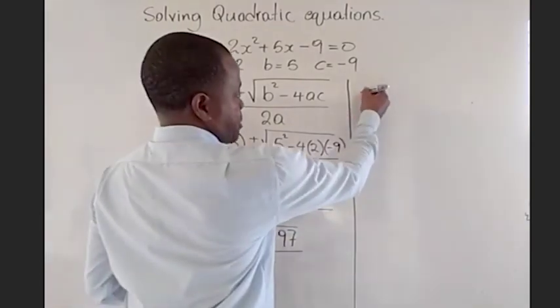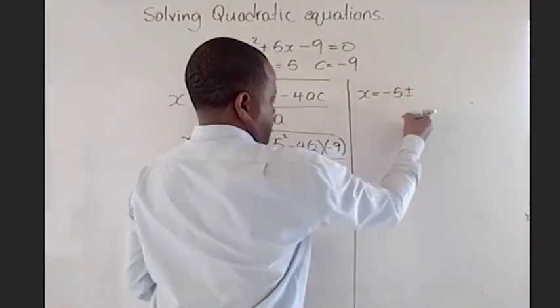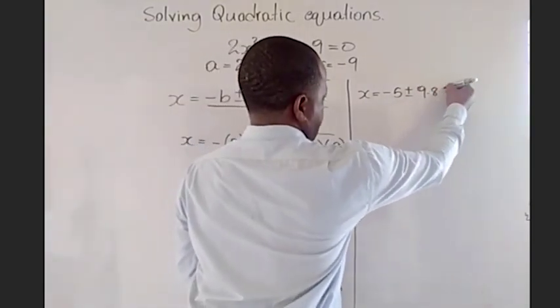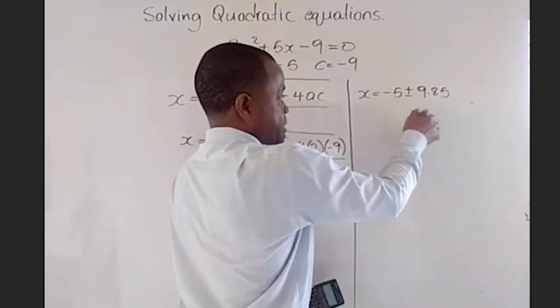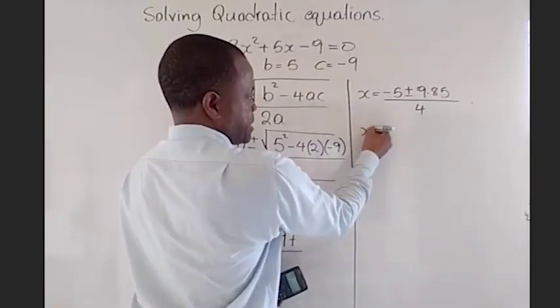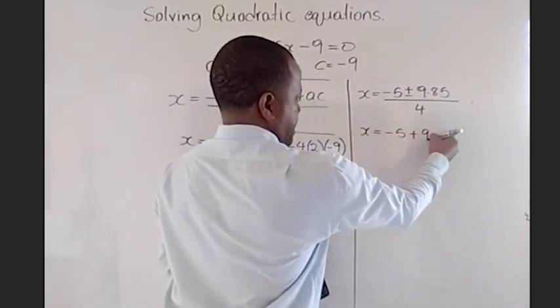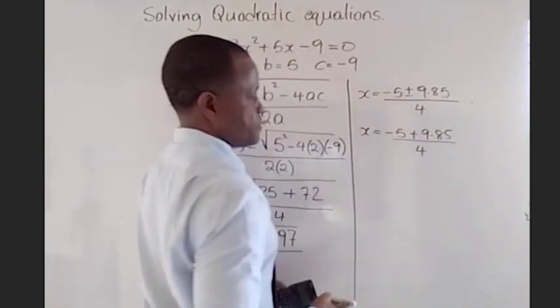So now we're going to end up with x equal to negative 5 plus or minus 9.85, correct to 3 significant figures, all over 4. So x is equal to negative 5 plus 9.85 over 4.